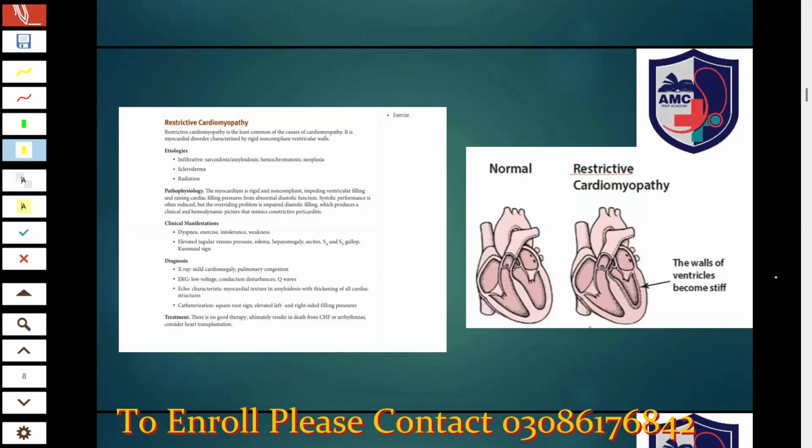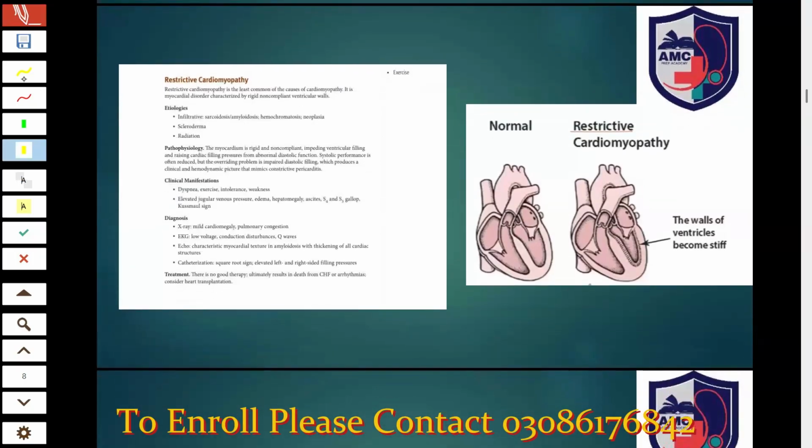Okay. Restrictive cardiomyopathy. Quickly I will read: there is a problem of systole and diastole. Both systolic and diastolic dysfunction, simple. I mean forward and backward, both heart failures.